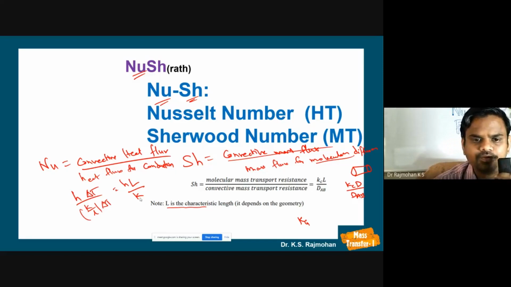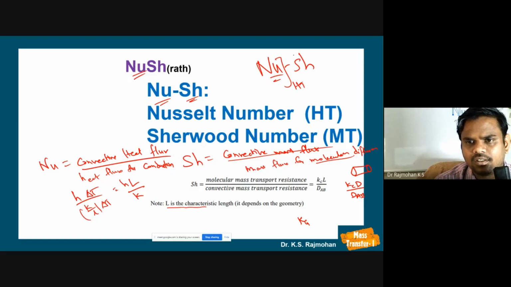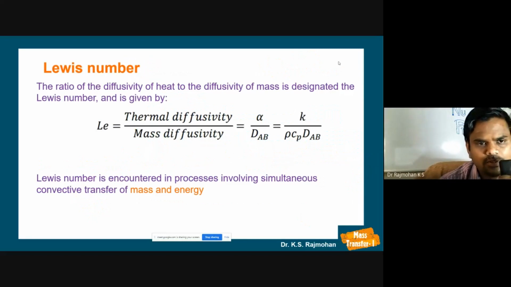So that is the Nusselt number and Sherwood number. You remember, Nusselt number is for heat transfer, Sherwood number is for mass transfer. And I have already told you what the Lewis number is. Lewis number is the ratio of thermal diffusivity to mass diffusivity.